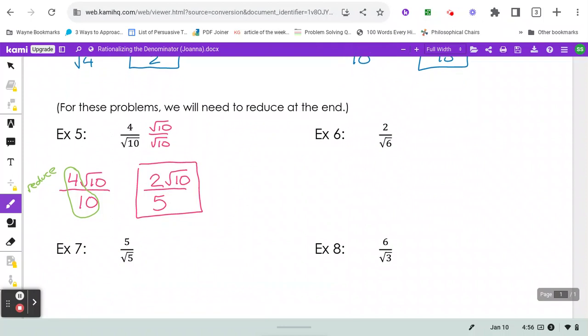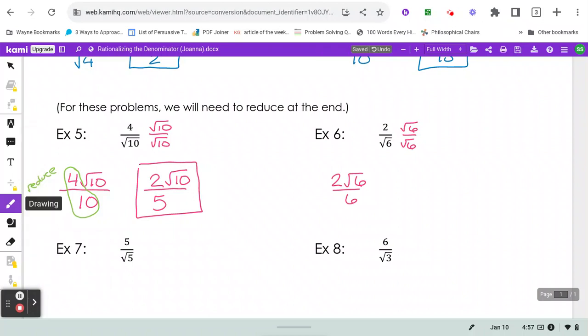All right, next one. 2 over square root of 6. See how far you can get into this problem. Again, it'll be a reducing at the end. Right, 2 radical 6 over 6.